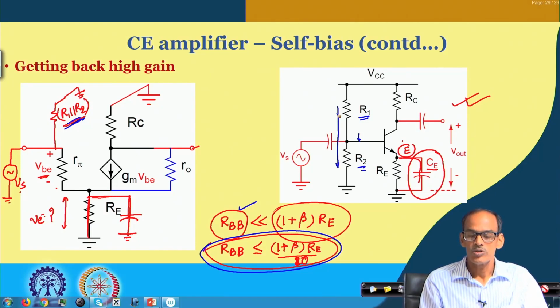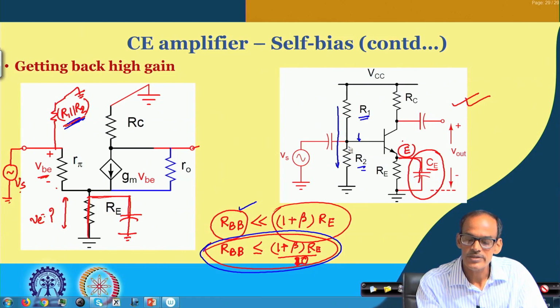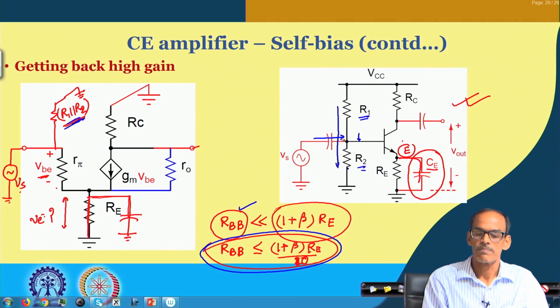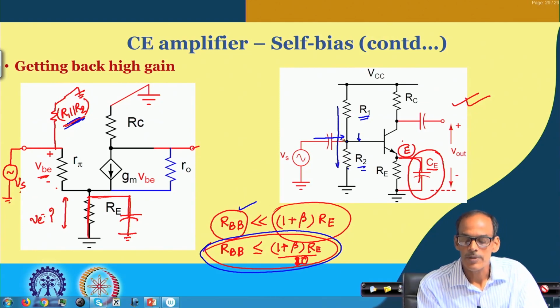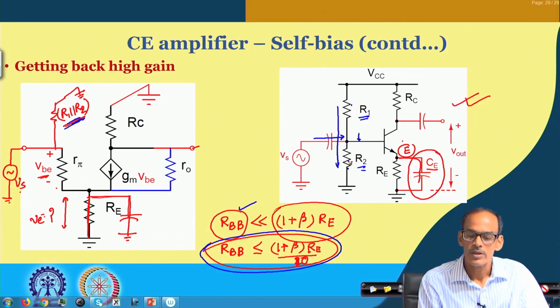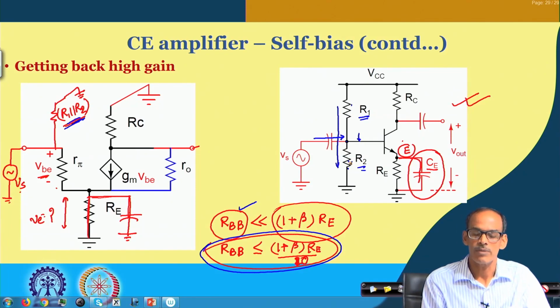But an even more serious problem is that if this resistance gets smaller and smaller, then this capacitor will have a difficult time feeding the signal at this node. In technical terms, this capacitor and these two resistors in parallel, called RBB, define the lower cutoff frequency of the amplifier.